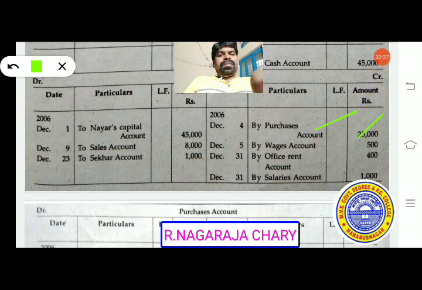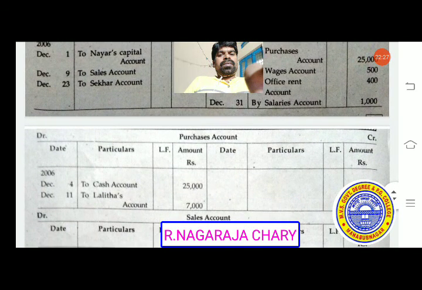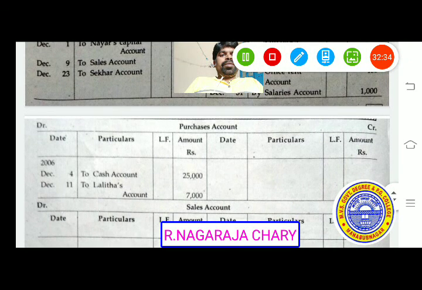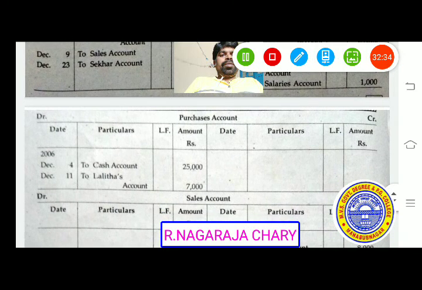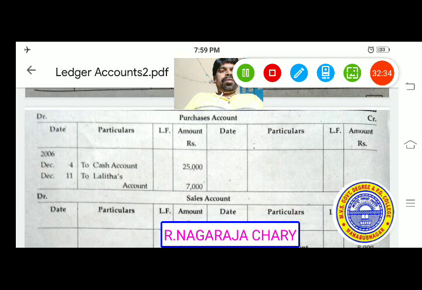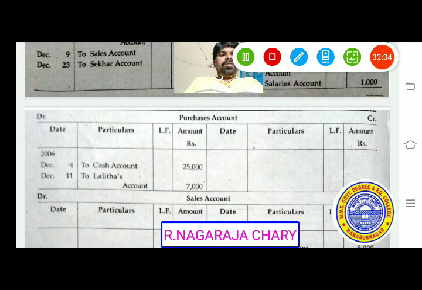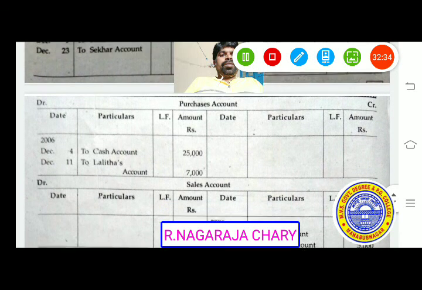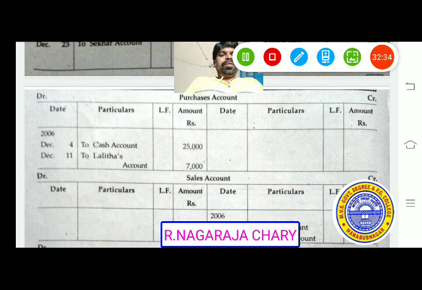In the same way, here that 25,000 is debited.